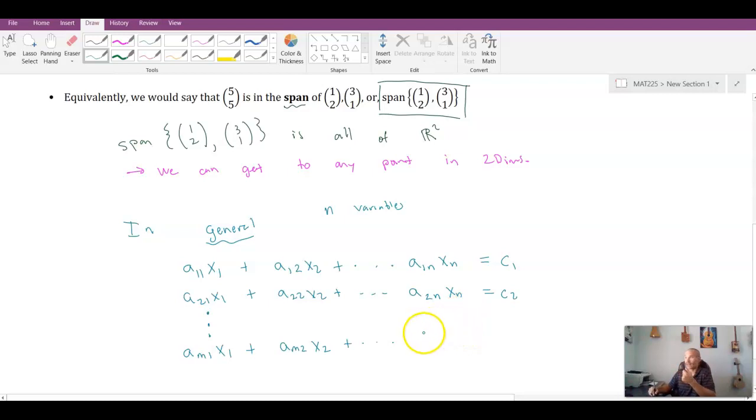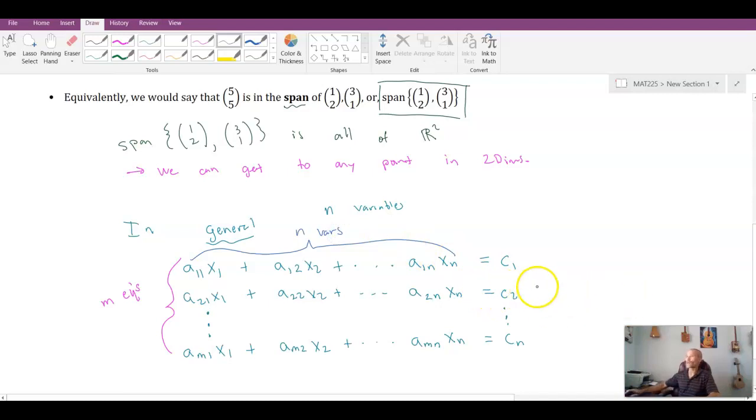I know I'm going to have n of them, so this is going to be the mth row, nth column, and times the nth variable equals some c sub n. So we don't know how many rows there are in there. All I can say for sure is that here I'm going to have m equations, and I'm going to have n variables, or n columns.